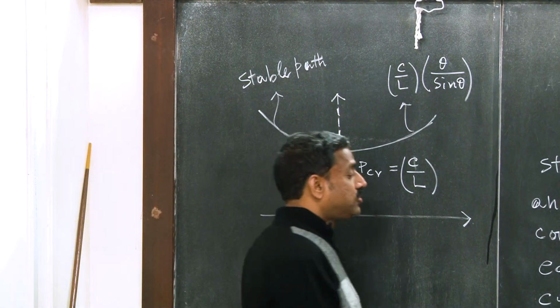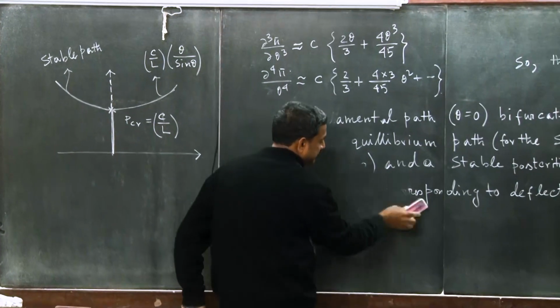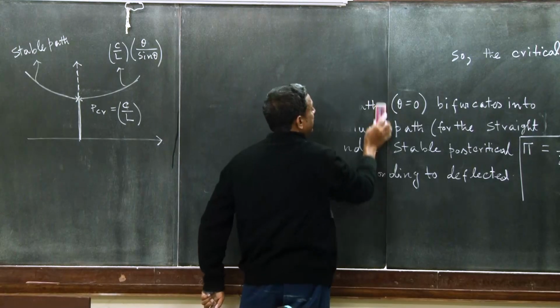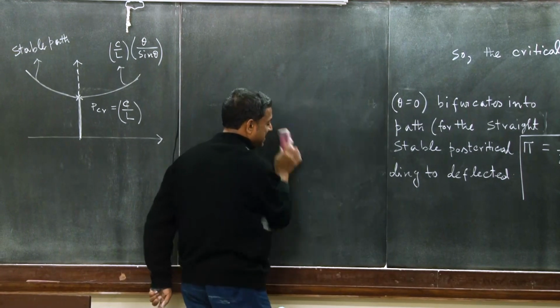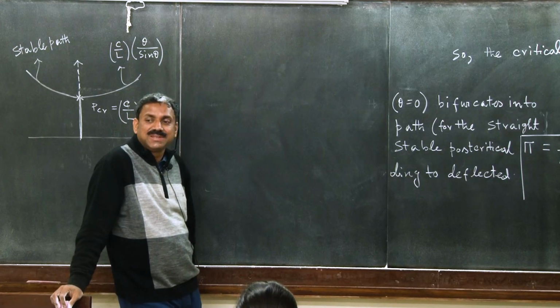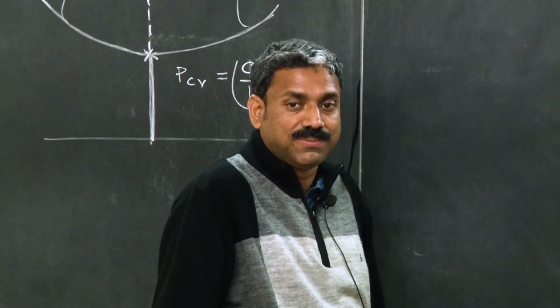The kind of system which shows this kind of behavior is basically a buckled column, although with very little post critical strength. Buckling doesn't mean that the load carrying capacity is depleted or eliminated completely for the system.